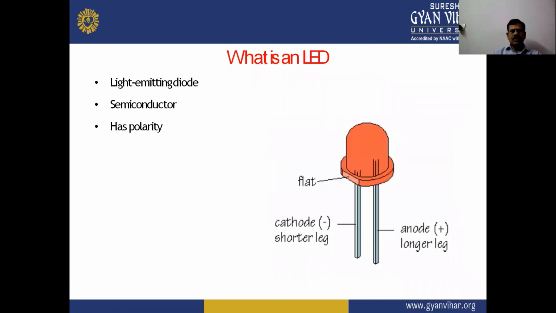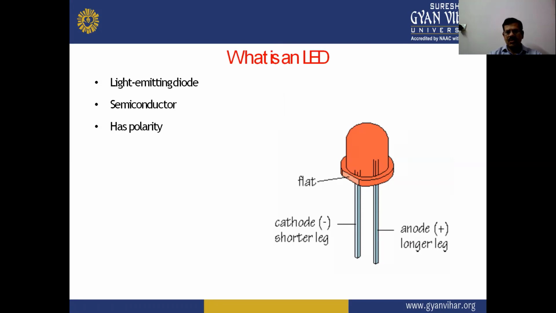So, what is an LED, a light emitting diode? A light emitting diode is a simple semiconductor diode which has two terminals: one is the cathode terminal and the second is the anode terminal. We see in this diagram the picture of the light emitting diode. There are two legs.